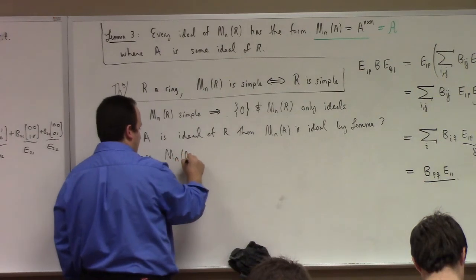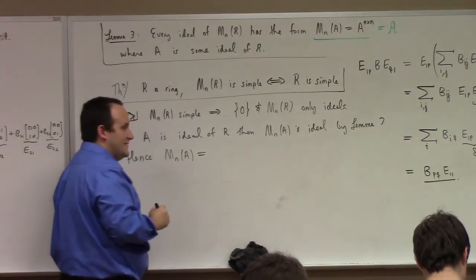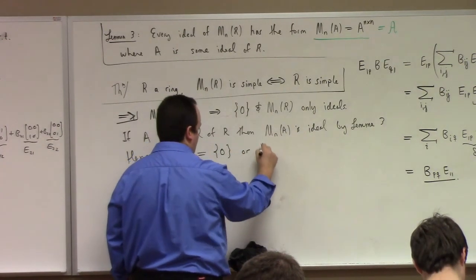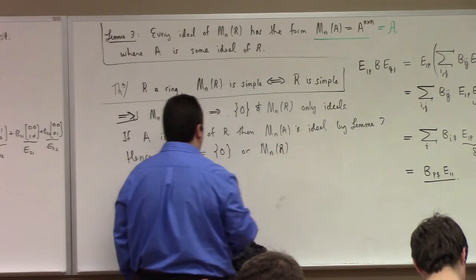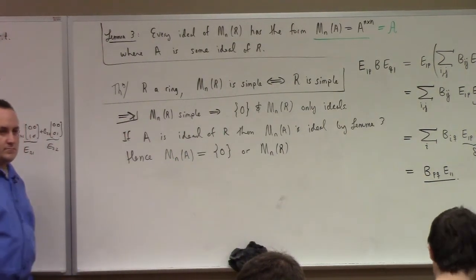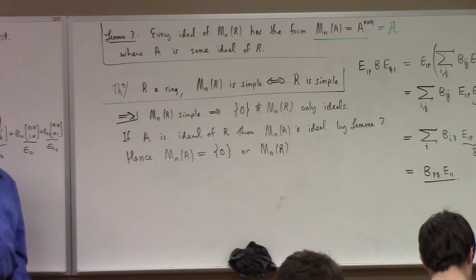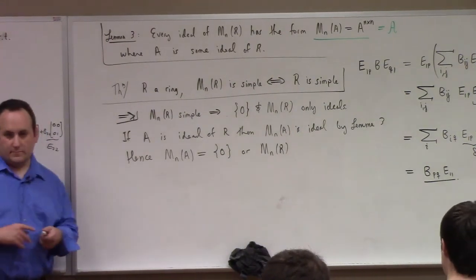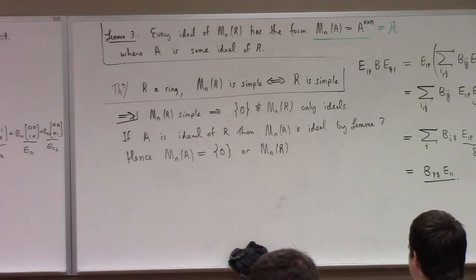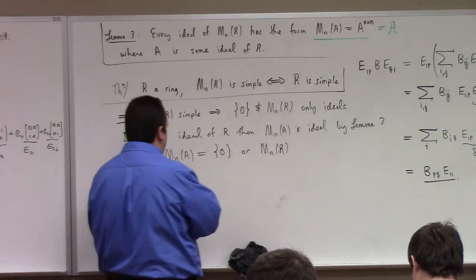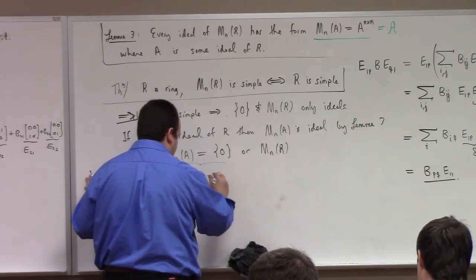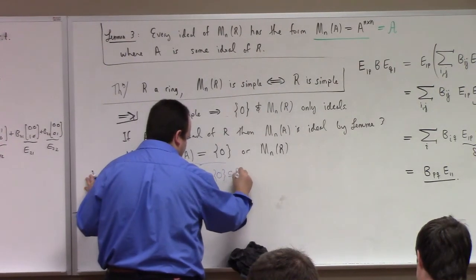the ideal M_n(A) is either equal to what? 0, or what? The whole thing. But then what? If the set of matrices over an ideal is just the 0 matrix, this clearly implies that A is equal to 0, as a subset of the ring.